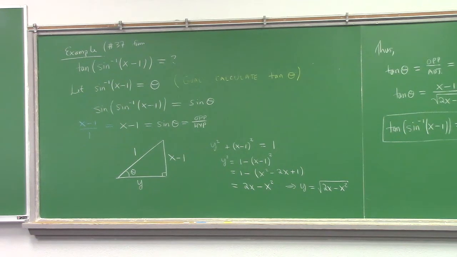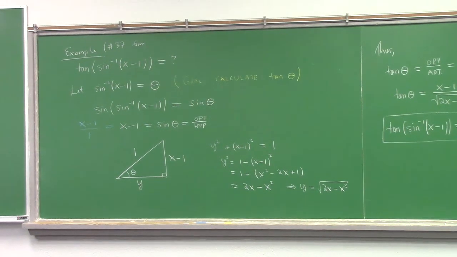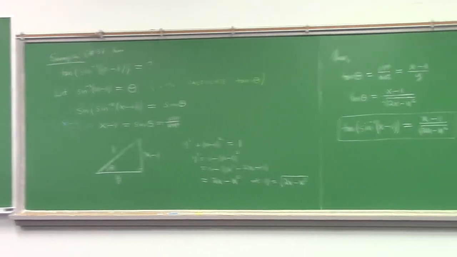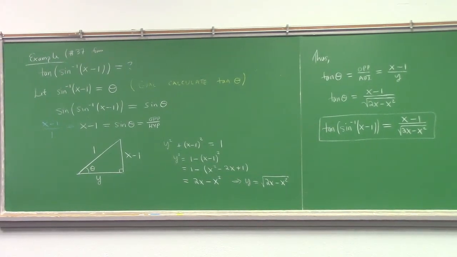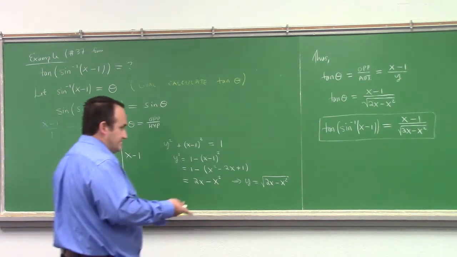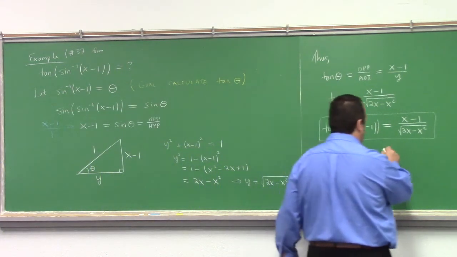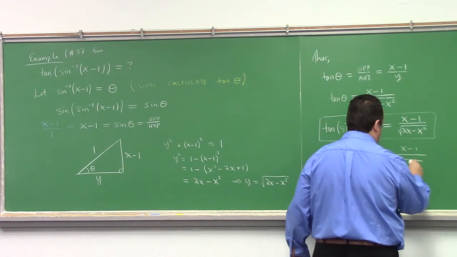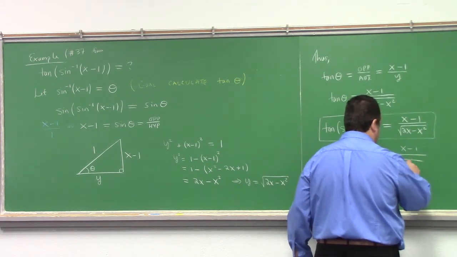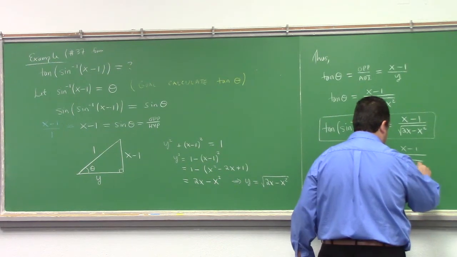As with anything in the denominator, you can worry about it being 0, right? But if I factor that, I'm looking at x minus 1 over the square root of x times 2 minus x.